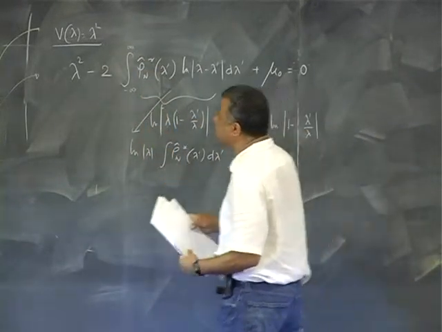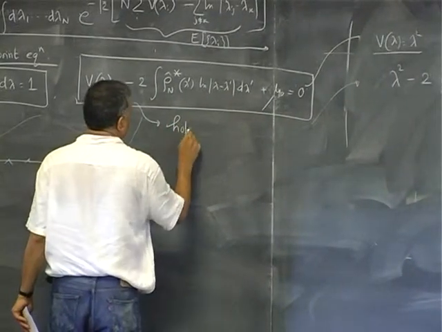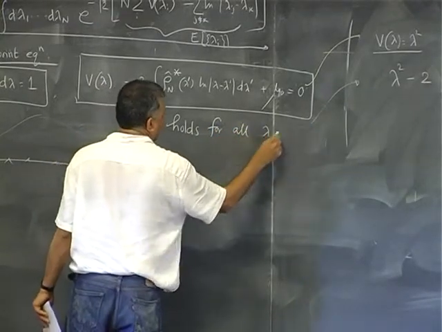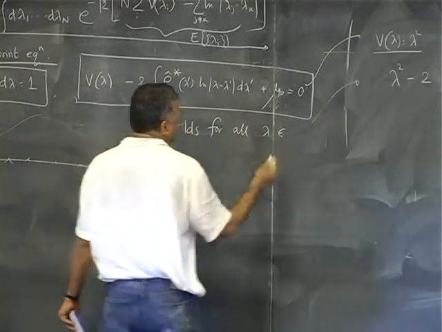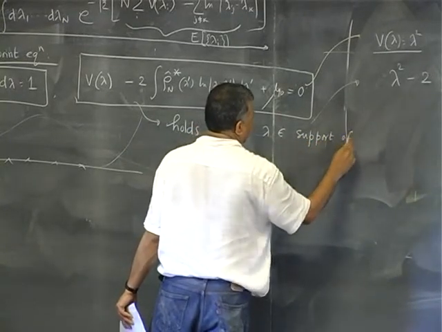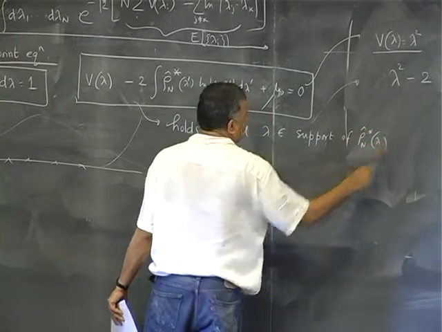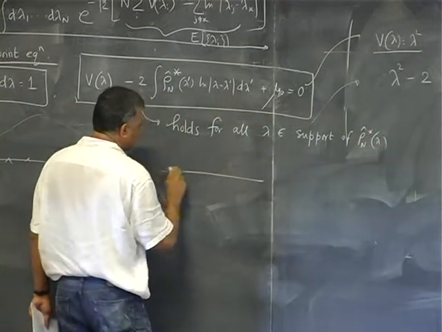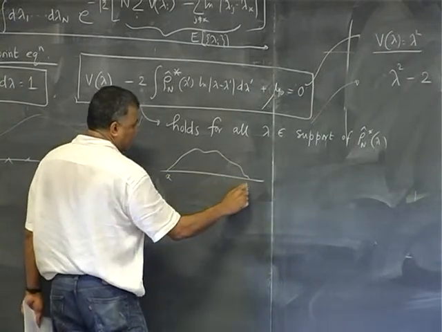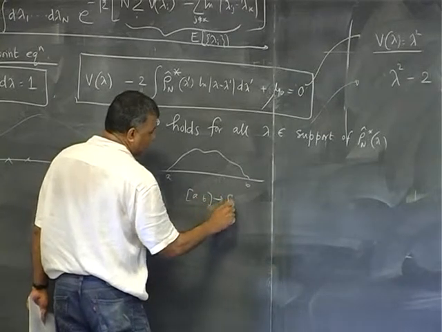The main point is that this equation holds for all lambda belonging to the support of the density. Do you know what support is? If you have a function which is non-zero, roughly speaking, over a to b, then this interval a to b is called the support of the function, where it's non-zero.